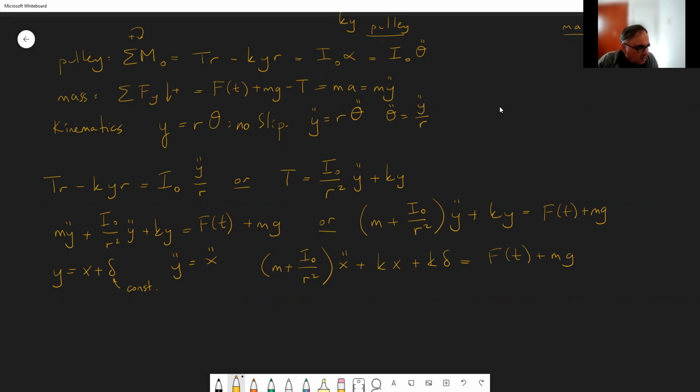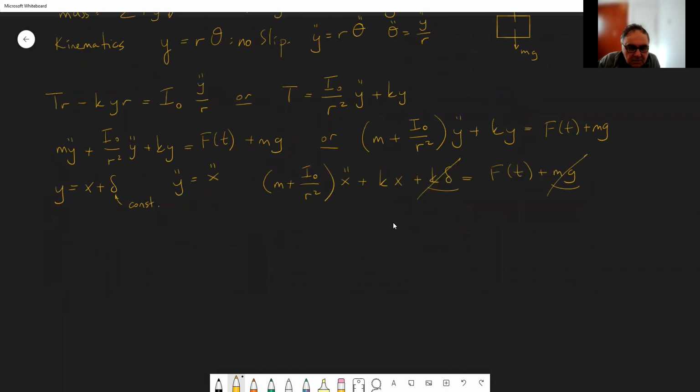But what did we say? We said that k delta was equal to mg. Remember that for the mass in static equilibrium, mg was equal to k delta. So these are the same, and they cancel each other. So we get rid of that mg term nicely.